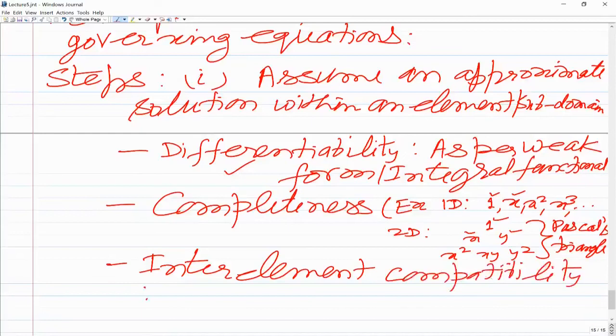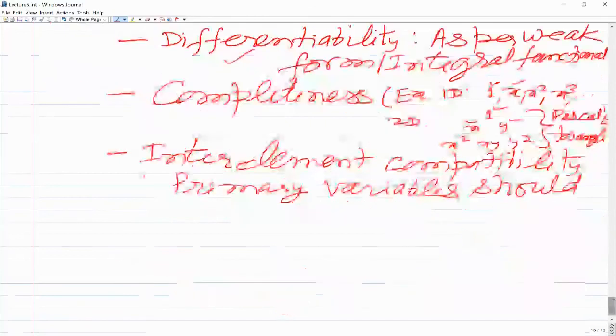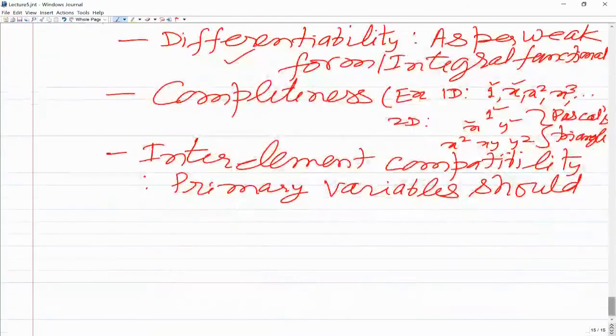What it states is that primary variables should be continuous across the elements. Primary variables, by now, because we have done the weak form and seen how to identify primary and secondary variables.